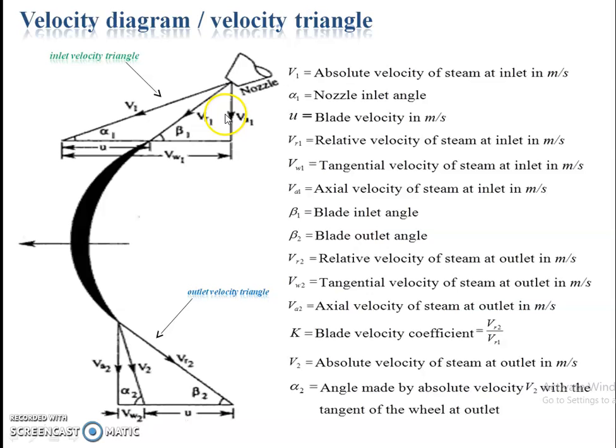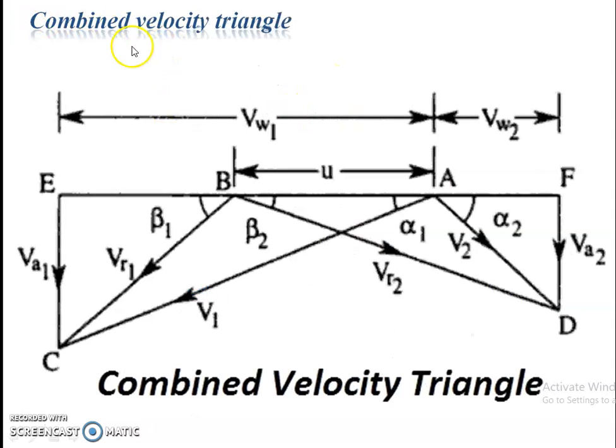From this combination of velocity triangles, the velocity U is common to all. From section A to B, the blade velocity is common to all the cases. The velocity of the blade, at an angle of alpha 1, gives a relative velocity.